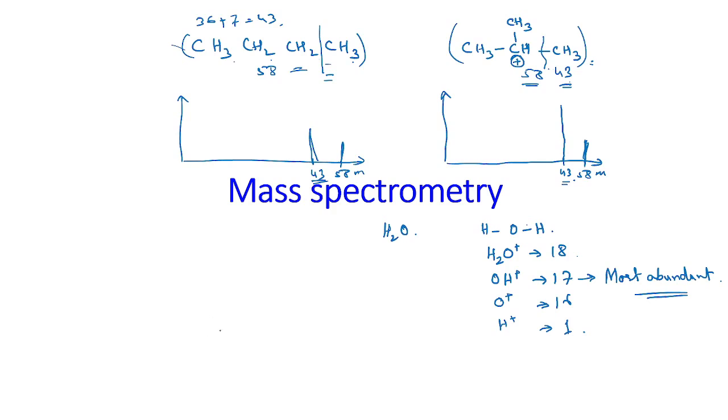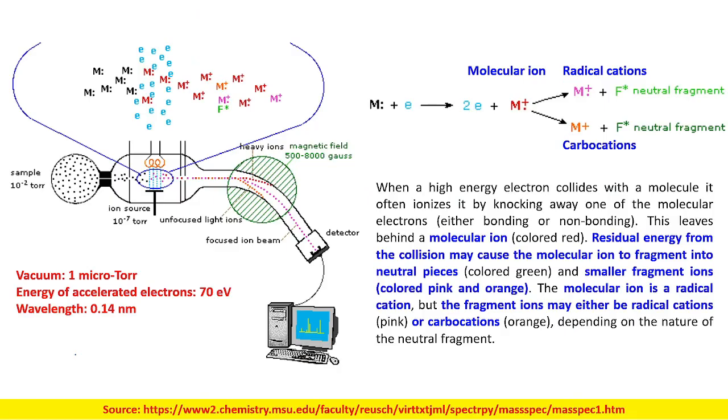Now we have seen what the basis of the mass spectrometer is and how we can analyze the results. Now let's go to the construction of this one. So we have a sample here, we have a sample holder. You will be getting the samples over here, and by certain mechanisms you have to volatilize the sample.